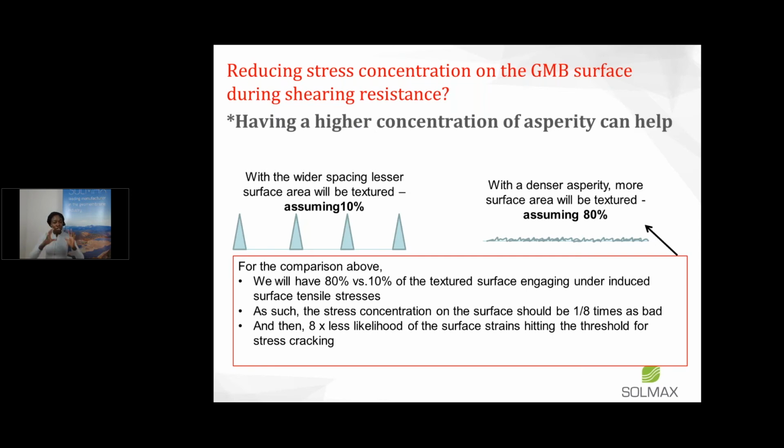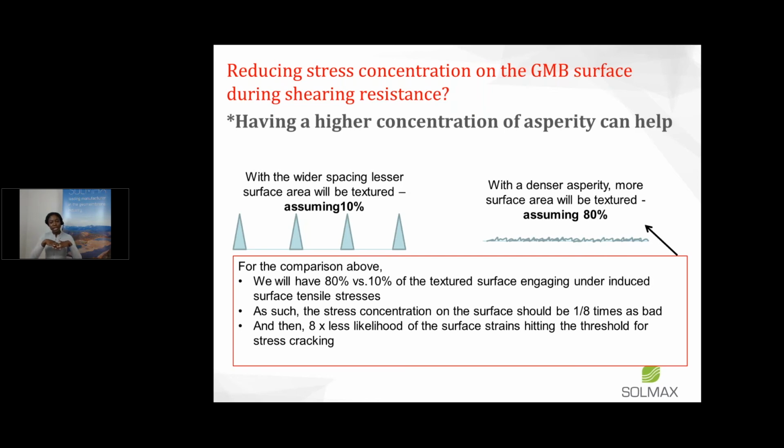Based on just a general analogy, looking at those two, you have 10% versus 80%. When they both undergo similar stresses, with the 80% you have 8 times more of the surface area of the geomembrane engaging in the situation.